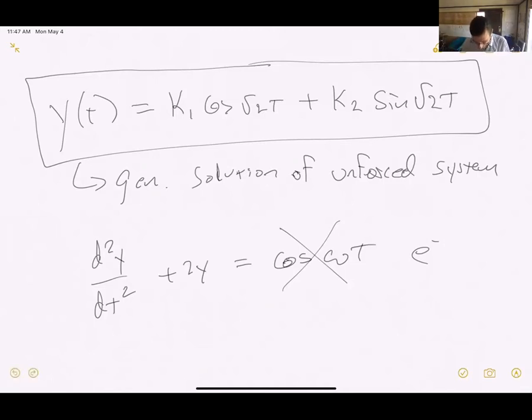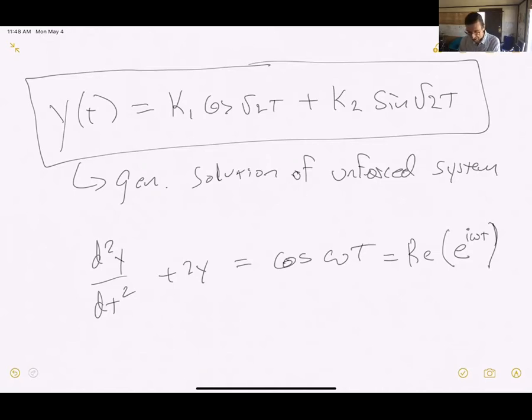So here's what you can do. The trick is to, again, remember Euler's formula and rewrite the right side in terms of imaginary numbers. This is the real part of e to the i omega t. So when we have an exponential, we're going to guess some undetermined coefficient times that exponential.